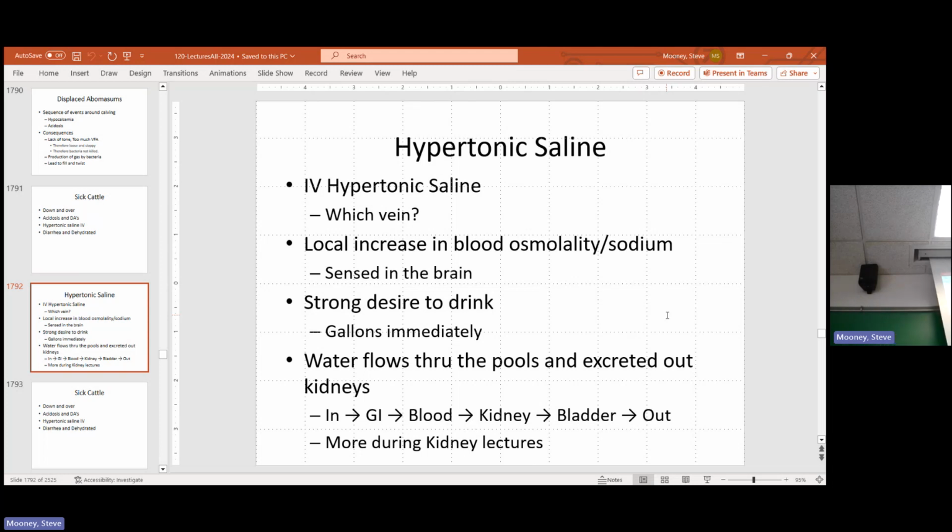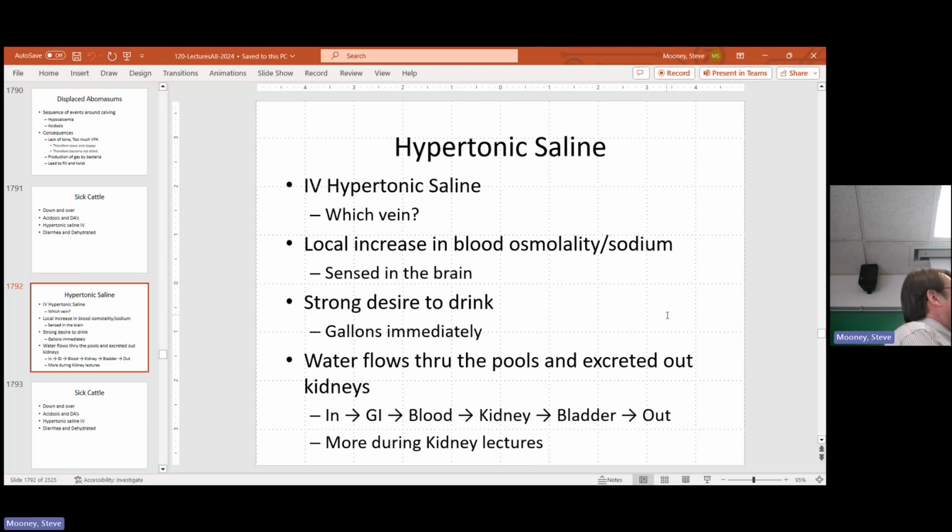So we're putting that hypertonic saline in. So what do we know about that solution? Makes them want to drink, but how do we describe that solution? Got an osmolality, I think, of 1500. So it's way more than isotonic, like 5 times more than isotonic. So it's got a lot of extra salt and chloride in there.